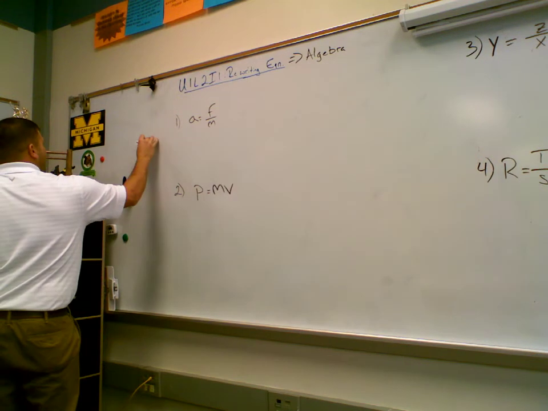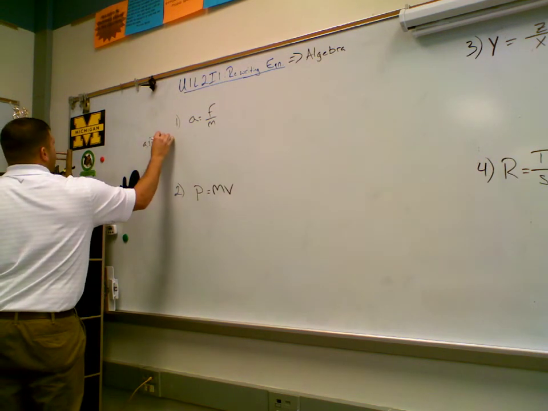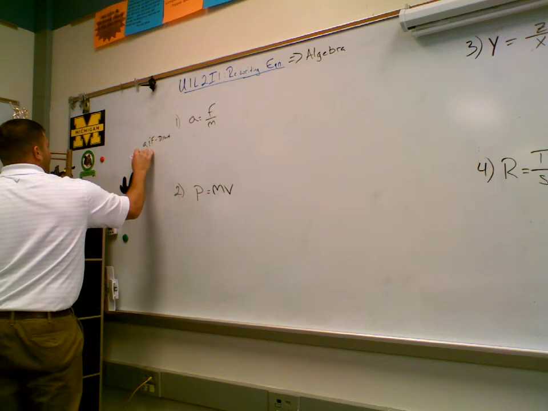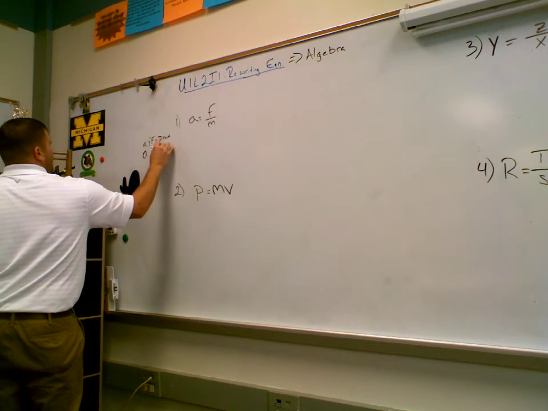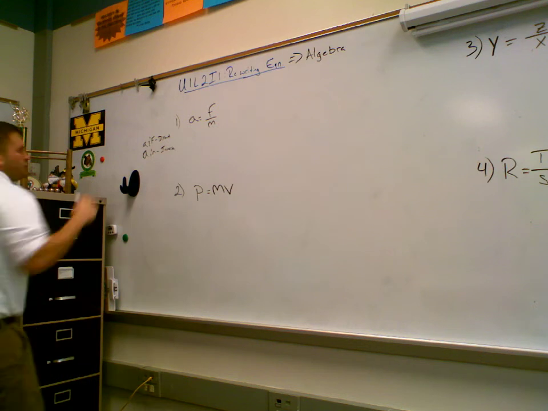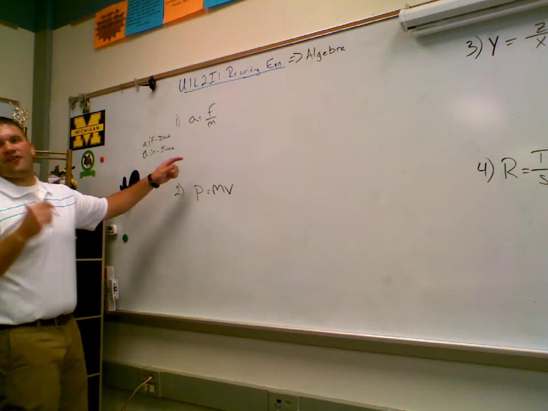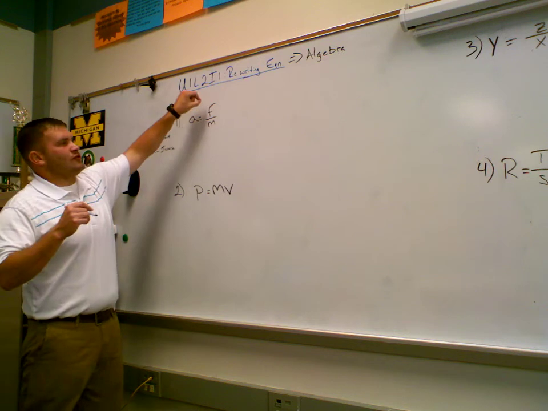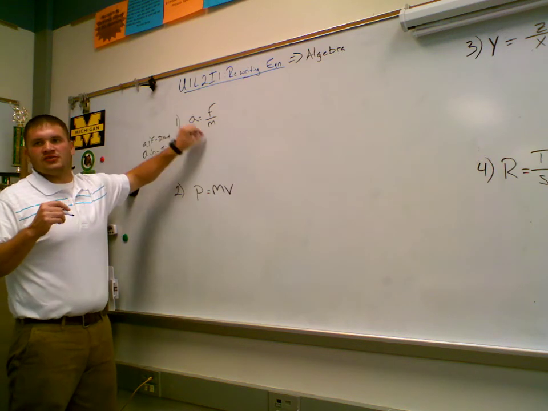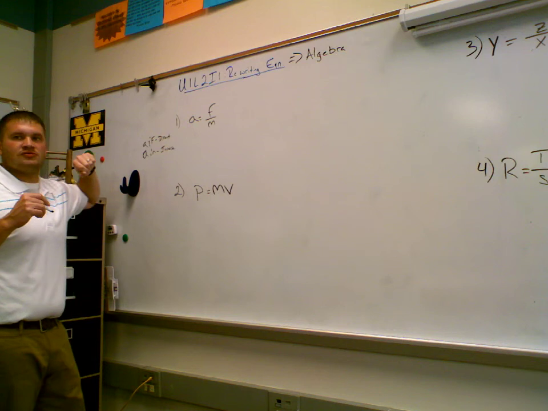So A and F will still be direct. A and M will still be inverse. What's the relationship between F and M? Okay, this is like we saw for K, right? K equals X or Y over X. So is that direct or inverse?